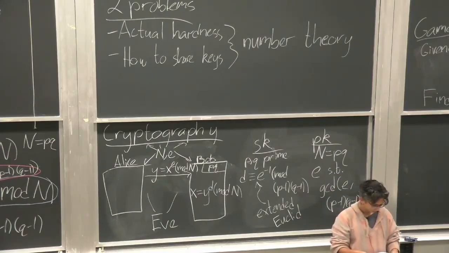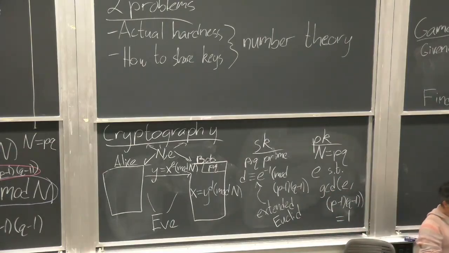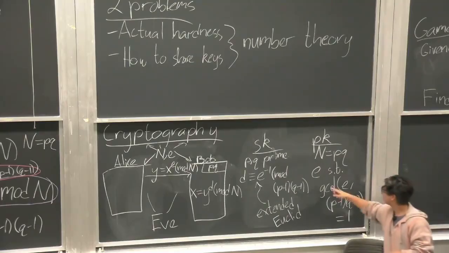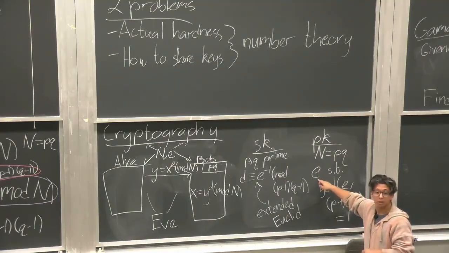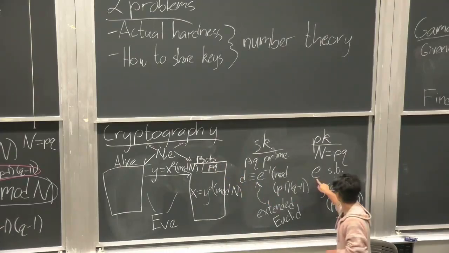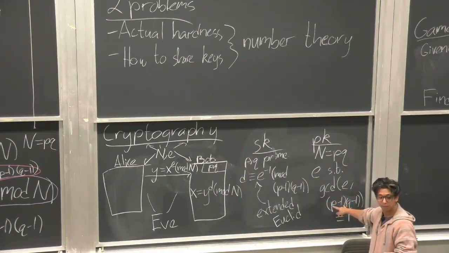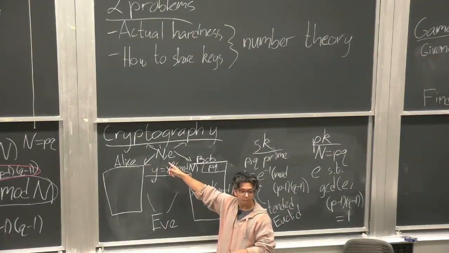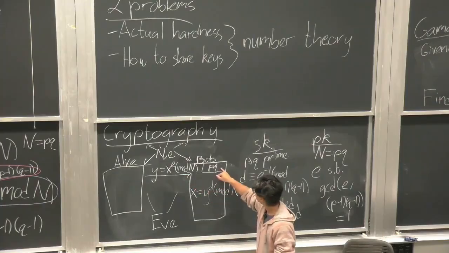How can we find the E that satisfies the condition if we don't know P and Q? You don't. This is what Bob publishes. Bob chooses some E that's relatively prime to P minus 1 times Q minus 1, throws that into the air and lets everyone see it, and then computes D for himself.